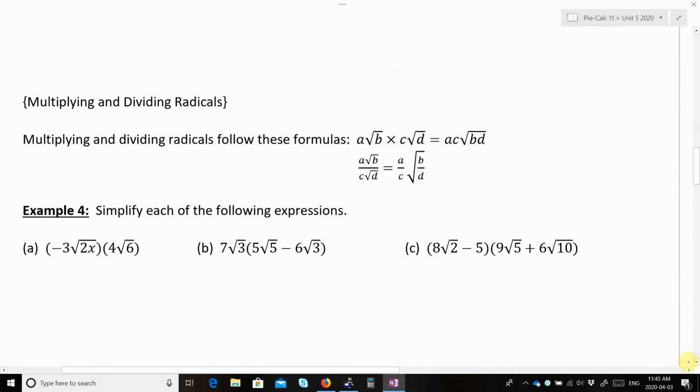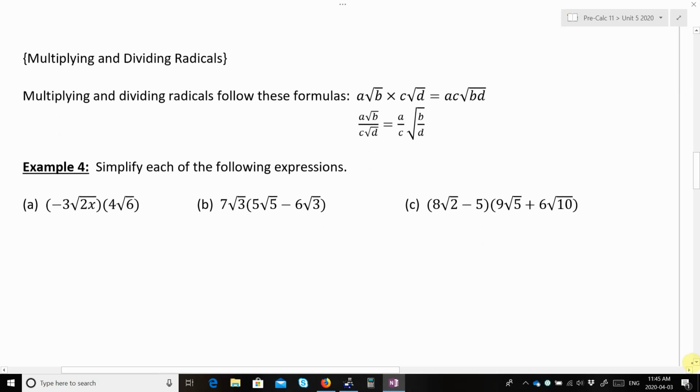And now we can get on to multiplying and dividing radicals. Multiplying and dividing radicals follow these formulas. It actually might even be a little bit easier than adding or subtracting. So if you're multiplying mixed radicals, notice you multiply the numbers out front. It goes a times c to give you that.